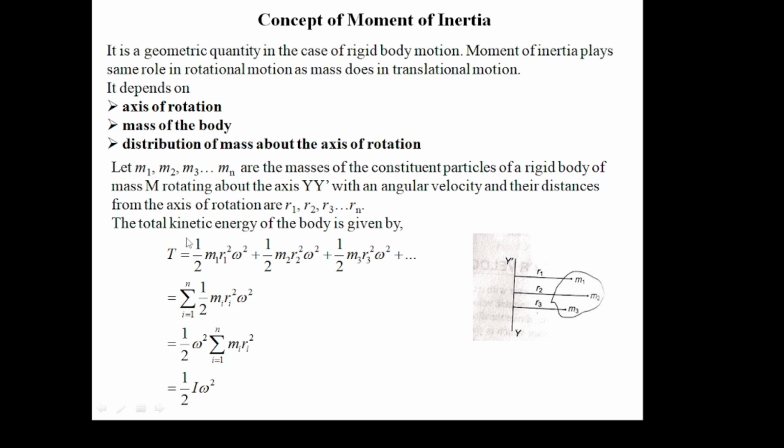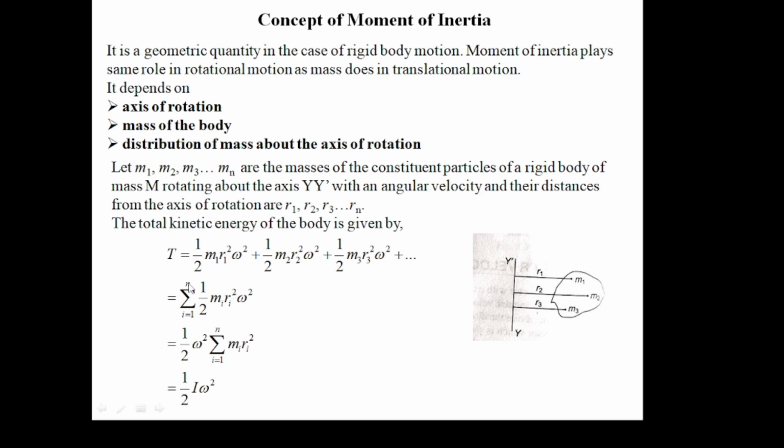So the total kinetic energy of the body is T equal to half m1 r1 square omega square, where omega is the angular velocity at which the rigid body is moving about the fixed axis y prime.